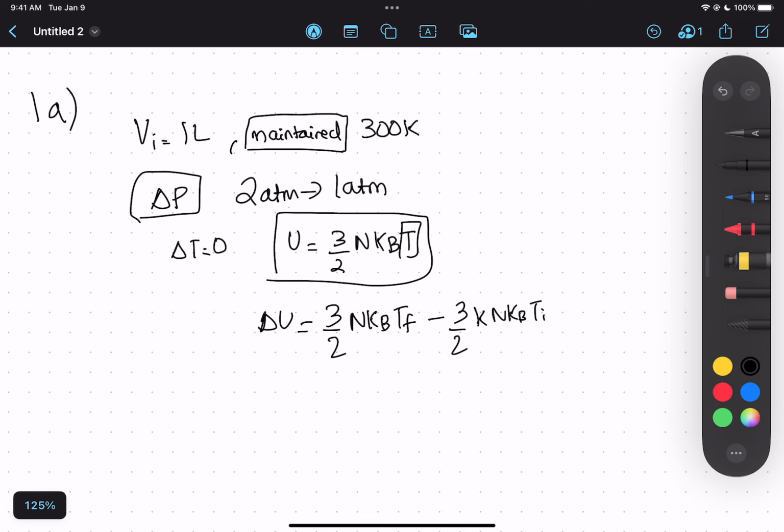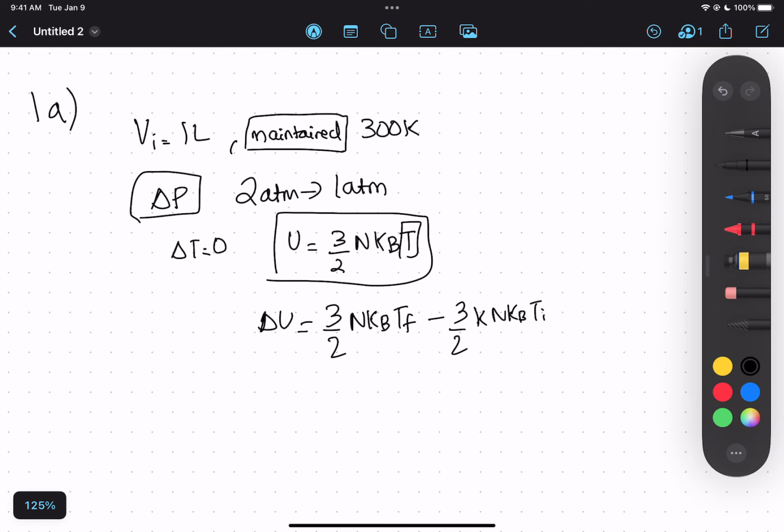Well, here really the only thing that isn't changing is the temperature. It says the gas is allowed to expand, so we can probably assume that there's a change in the volume there. And they already told us that the pressure changed as well. We know that pressure and volume are inversely related to each other. So if we have the pressure going from 2 atmospheres to 1 atmosphere, we cut it in half, and we can safely assume that the volume would be doubled.